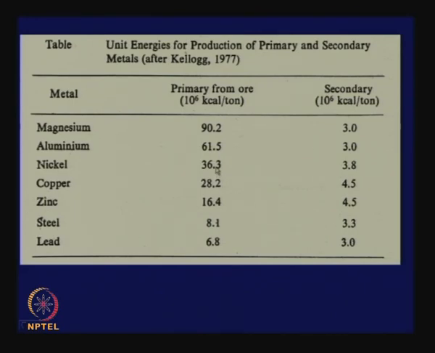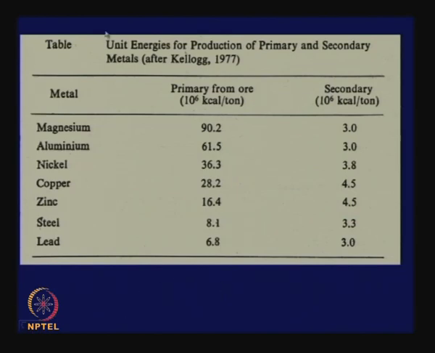Look at nickel, primary energy 36.3 units, secondary 3.8; copper 28.2, 4.6; zinc is also one fourth; steel is almost half; and lead is also similar. You need 6.8 units from primary, and this is fairly low, because lead sulphide is not a very stable mineral, and it is easily roasted and easily reduced.